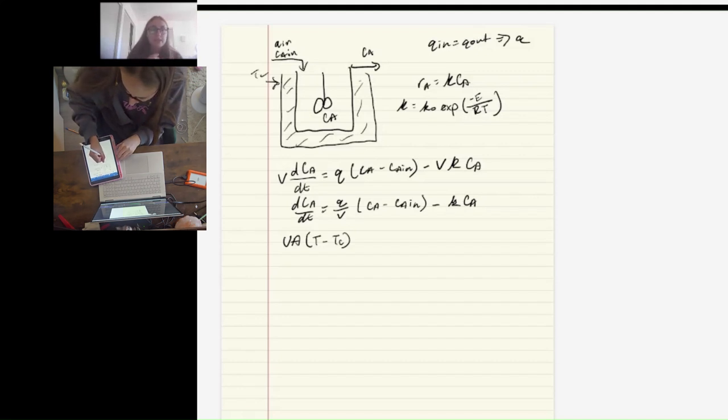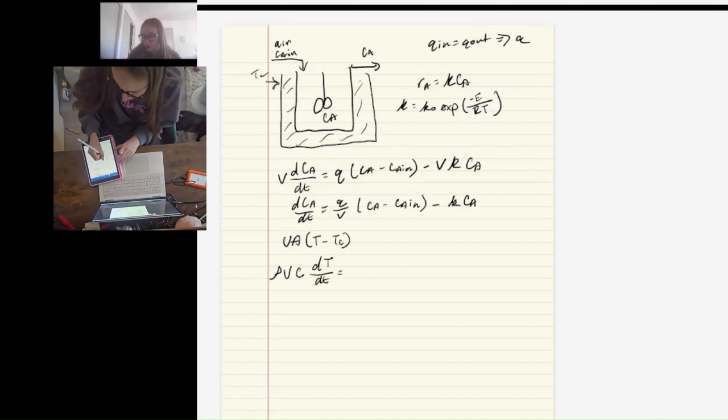So the next thing that we want to do is an energy balance of all of this, right? So to get this in mass, what we need to do is multiply by our rho, our density of the material, times the volume of the material that it has, and then we have our heat capacity. And then this is going to give us the change in temperature over the change in time, right?